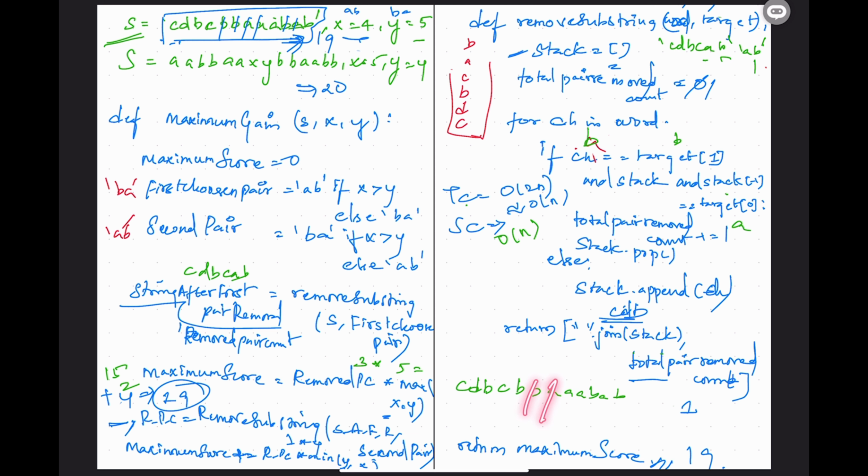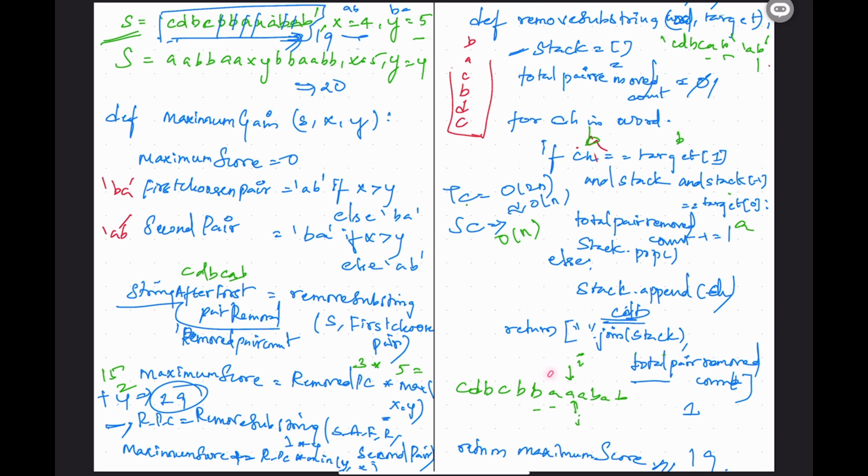If I remove, I will just be decrementing the jth index by 2. Why? Because generally we'll be removing 1 pair, which is minus 2. So again I'll be rewriting this A. Now I'm going to remove this. I assume I removed, so what I'm doing is minus 2. I'll be coming here.